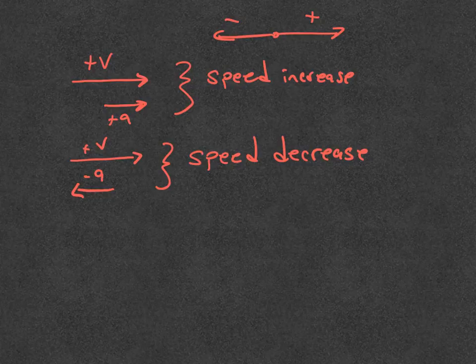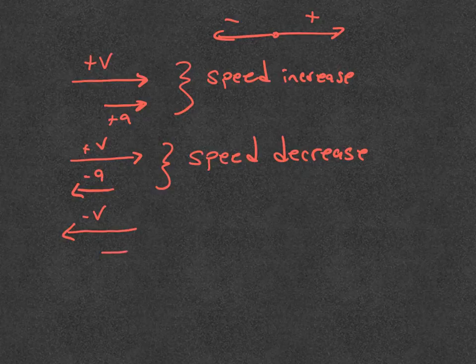So that's with a positive velocity, or velocity in the positive direction. But what if the velocity is in the opposite direction? So here I have a negative velocity based on our current frame of reference. If I have a positive acceleration, and this is where it's important to understand that positive is simply a direction.